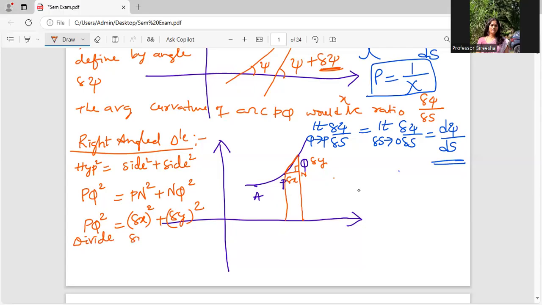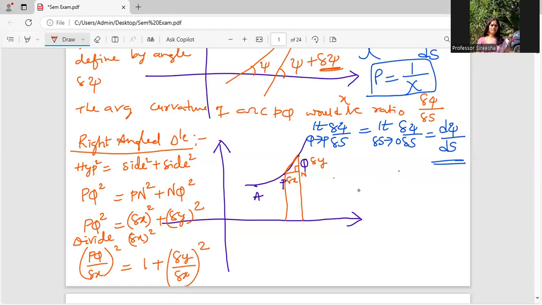Let's divide by delta x whole square and see what happens. So what I get is PQ by delta x whole square, and then delta x squared by delta x squared gives me 1, and then delta y by delta x whole square.